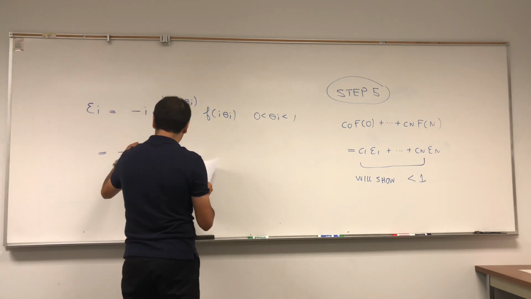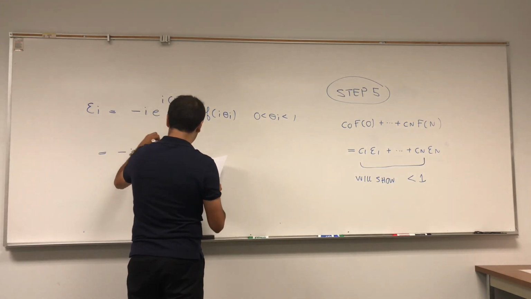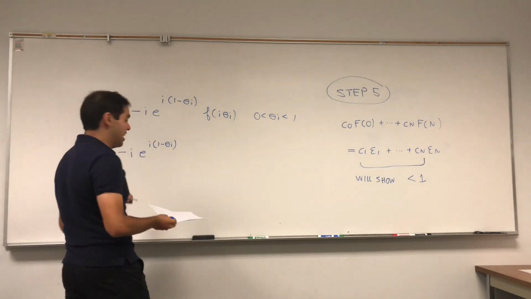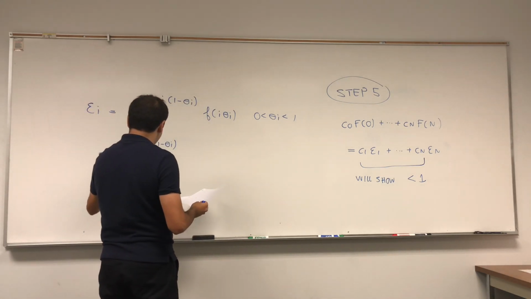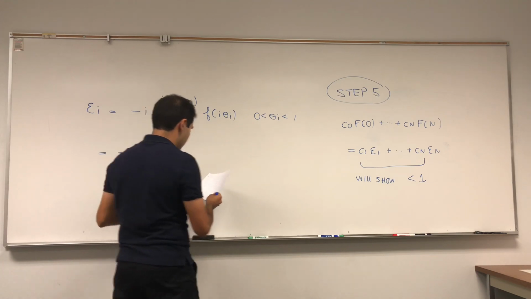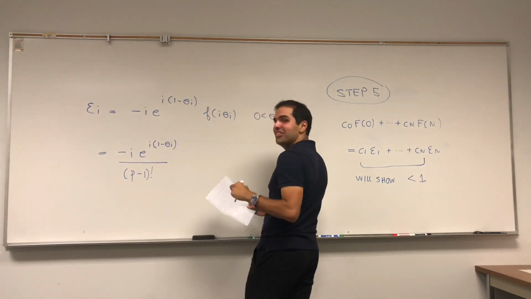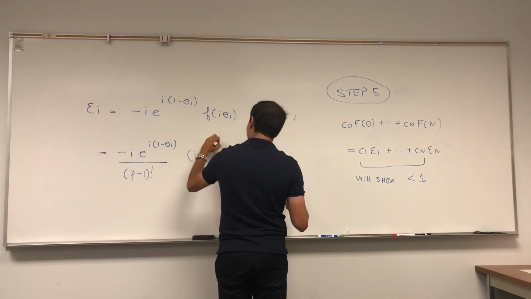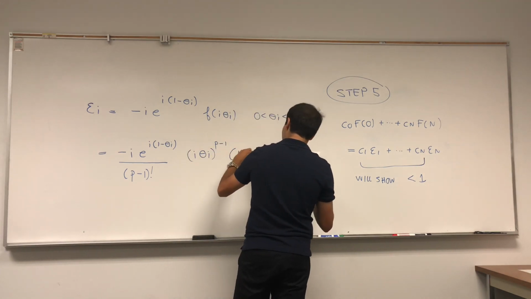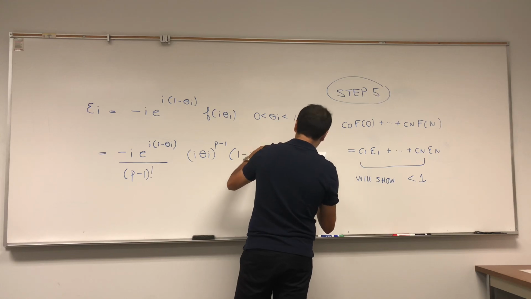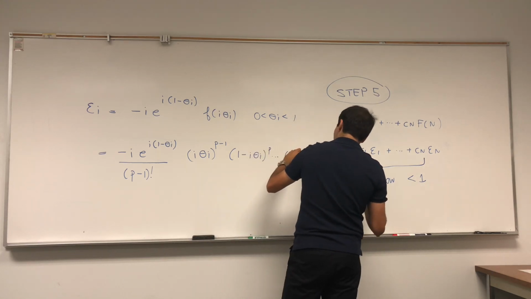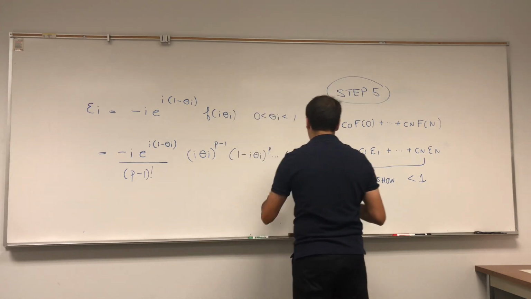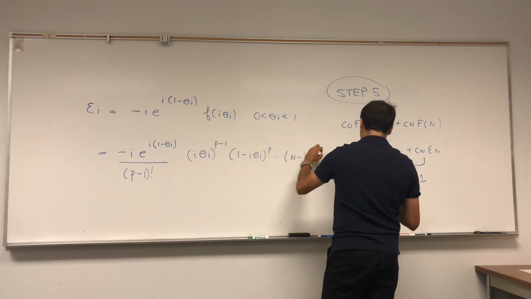That's minus i, e to the i, of 1 minus theta i. Now f had to be divided by p minus 1 factorial. And then it was x to the p minus 1, so i theta i to the p minus 1, and then 1 minus i theta i to the p, up to n minus i theta i to the p.